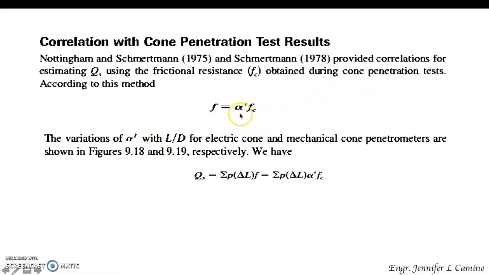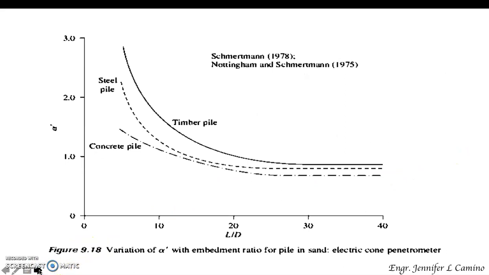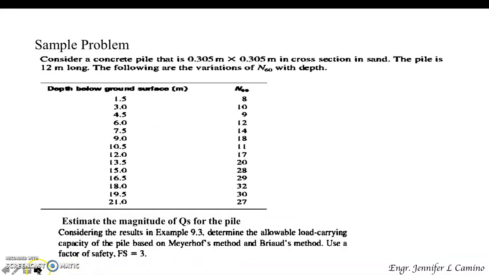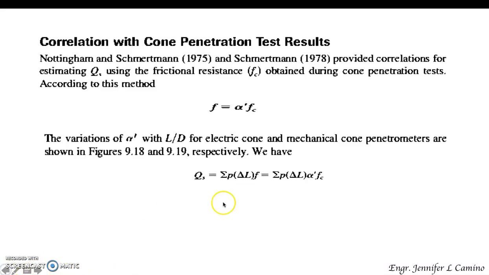The variations of our alpha prime with the embedment ratio for electric cone and mechanical cone penetrometers are shown in our figure. From this figure, these are the variation of alpha prime with our embedment ratio for pile in sand. This is for electric cone penetrometer.